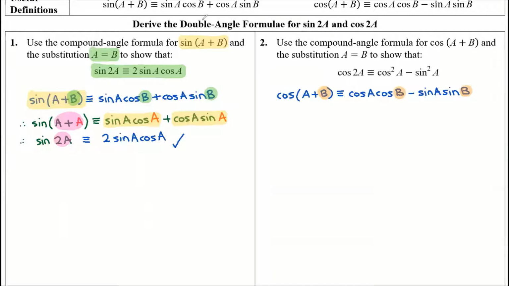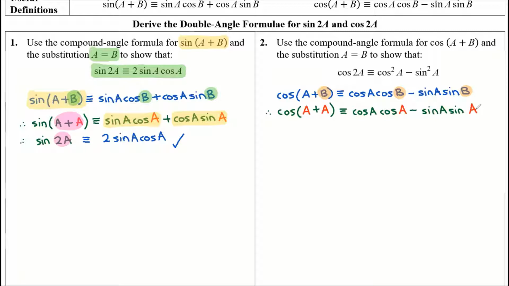So your next step is going to be, so therefore you're going to have the cosine again of A plus A, making that substitution for B there. Which is going to be identical to the cosine of A multiplied by, again, the cosine of A, because we're replacing B with A. And then we're going to subtract sine A and then sine of A again.